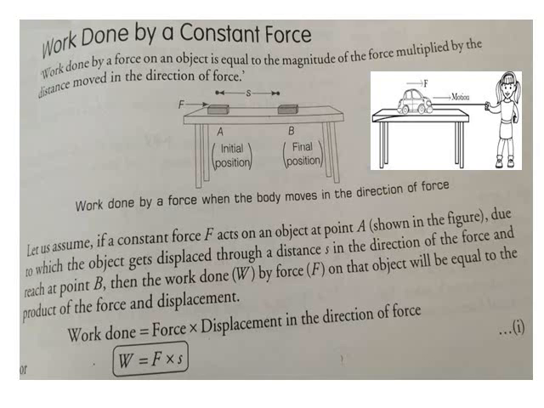Work done is equal to force into displacement in the direction of the force. So work done is denoted by the letter W, force by the letter F, and displacement by the letter S. Therefore, W is equal to F into S. This is a very important formula which enables us to calculate the work done in any case.